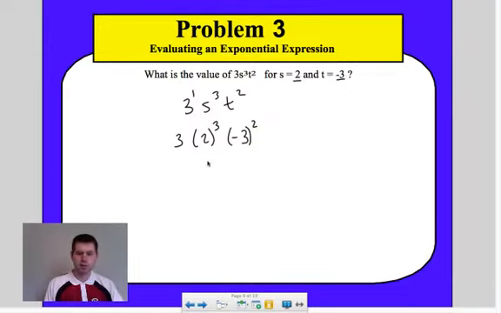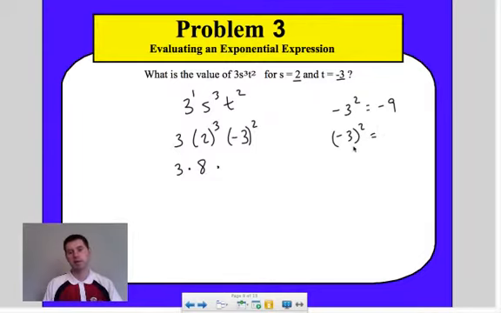So I get 2 cubed, which is 8. It's still multiplication. Now if I would have just written negative 3 to the second, this is really negative 9. But since I put negative 3 in parentheses and then squared, that is saying negative 3 times negative 3, which is actually positive 9.